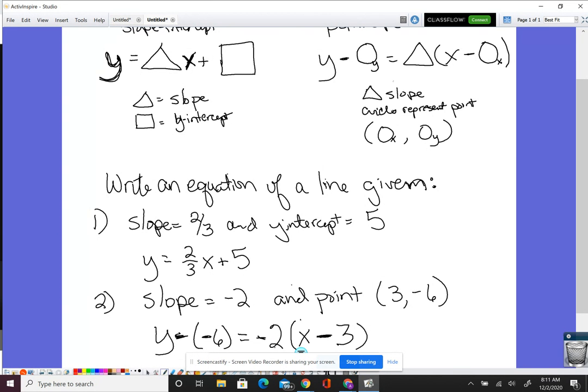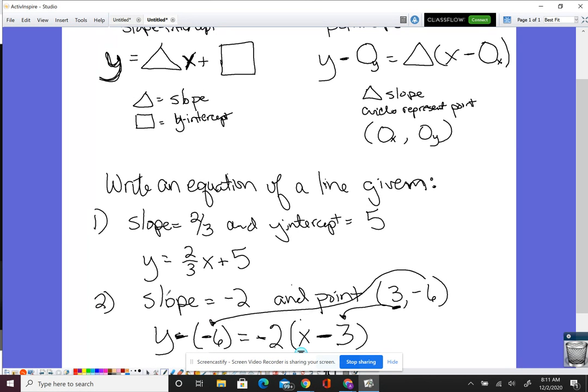And then from the point, this is my x-coordinate from my point, so that went right there. This is my y-coordinate from the point, so that one went with the y right there. Okay, I see. I was looking at the wrong equation. Okay.